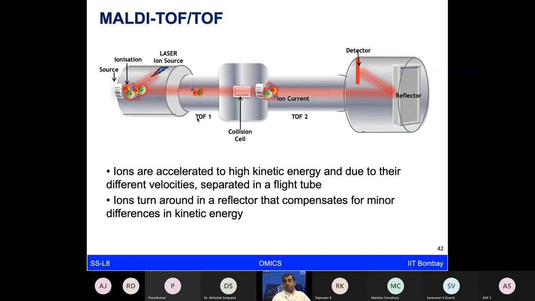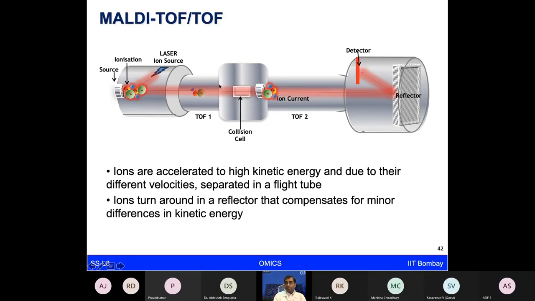Then you define to the software to pick up the most abundant ones, maybe the top 5 or top 10. Let's say it picks up the first most abundant one, and in the collision cell with the inert gases, with the collision energy, it does bombardment and generates further fragmentation of that ion. Then it picks up the next ion, excludes the previous one, and again does the bombardment and generates the MS/MS spectrum of that.